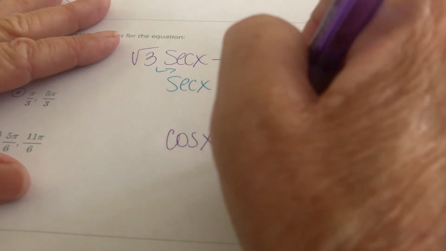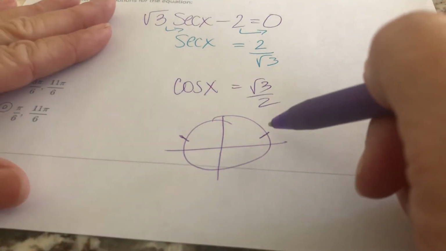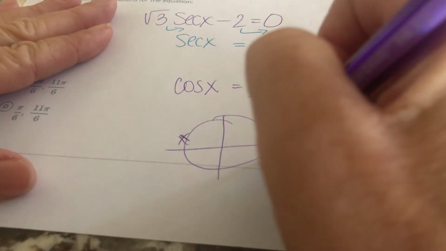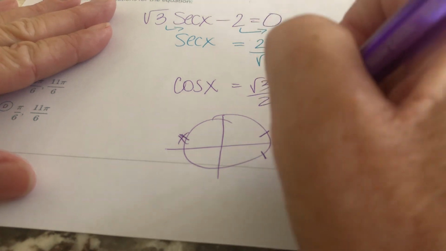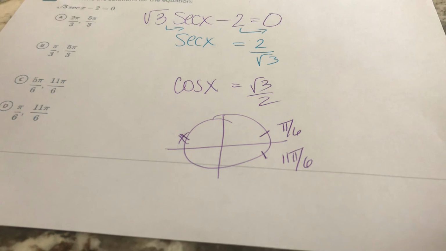I'm going to flip that over. Now, where on our circle is the x value square root of 3 over 2? Whoops, it's not here. It's either here or here. So pi over 6 or 11 pi over 6, because it's positive. So the correct answer is D also.